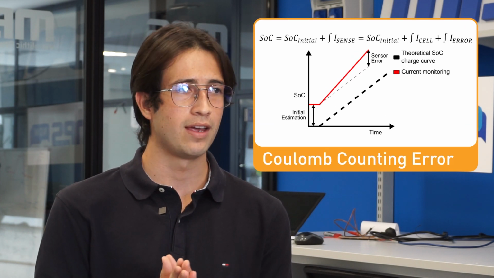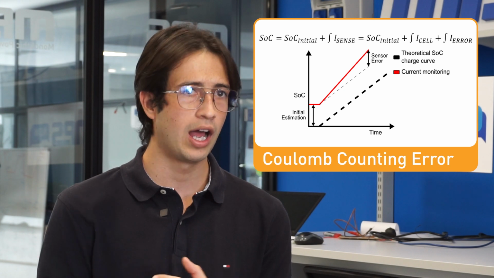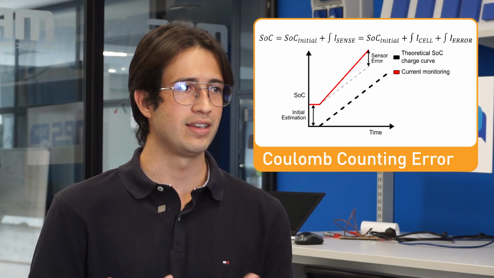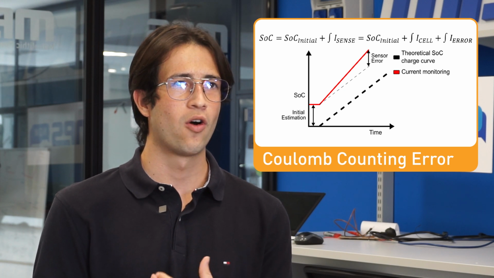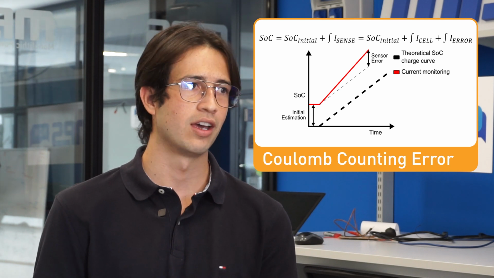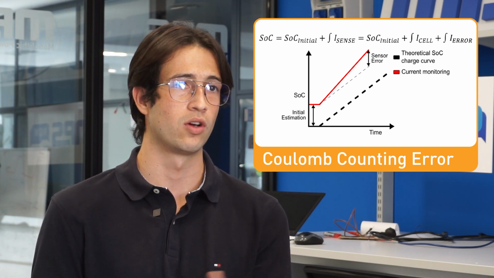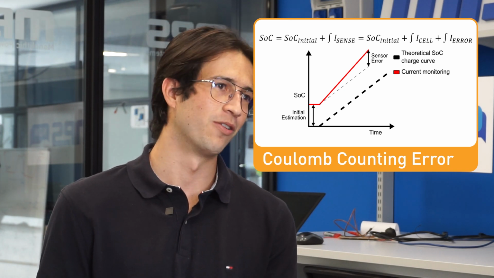You are going to have it. You are integrating, so you are deviating from the real state of charge line. Okay. And you don't know how far you deviate from that curve until you reach too high the end, or too low. Yeah, you don't know until you reach the end. So at the end you can do corrections, but the battery already switched off, so there's no point. The customer is not going to be happy about it.